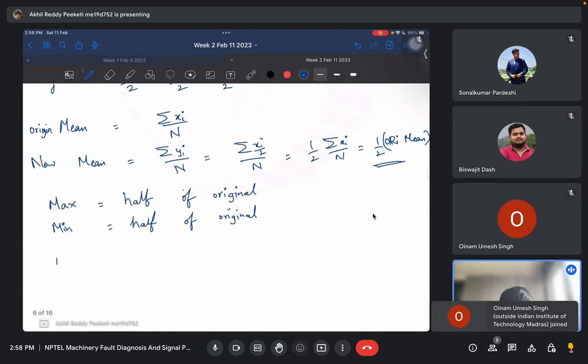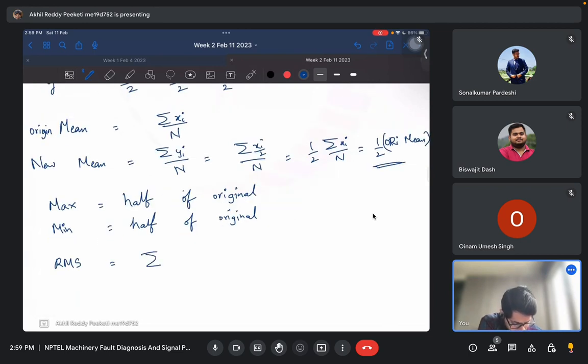What happens to the RMS? The old RMS is the square root of sigma xi square by n.